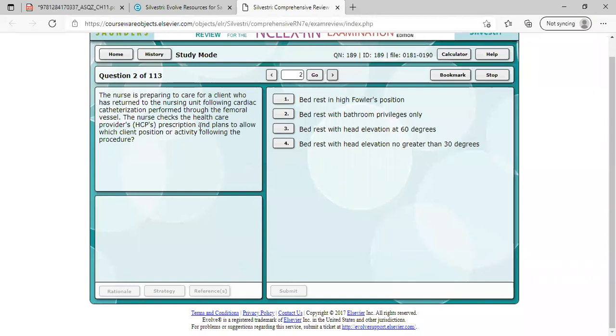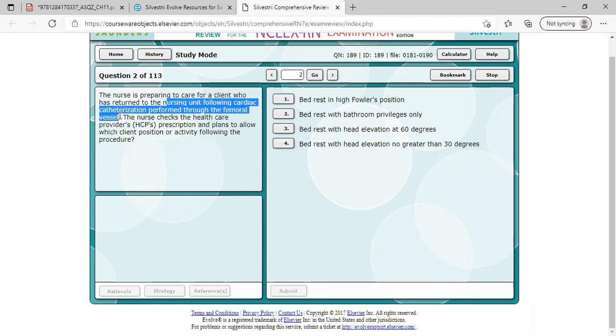So a patient needs the cardiac catheterization, with the catheter performed through the femoral vessel. You see the keyword, cardiac catheterization through the femoral vessel.